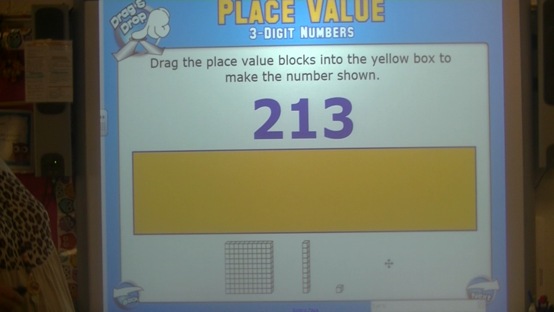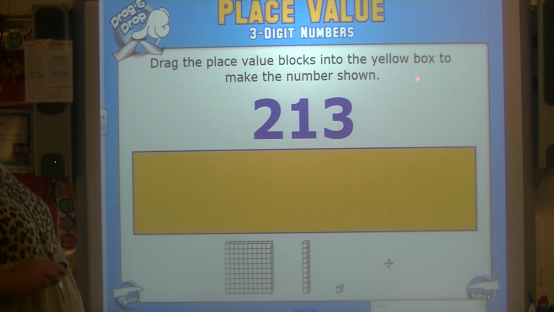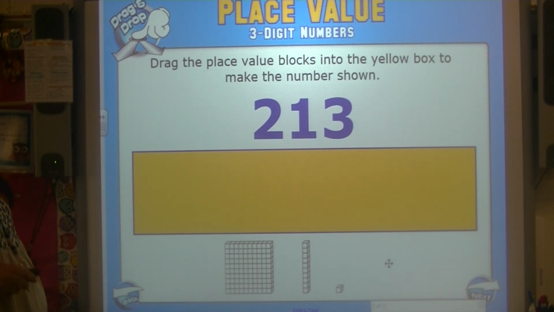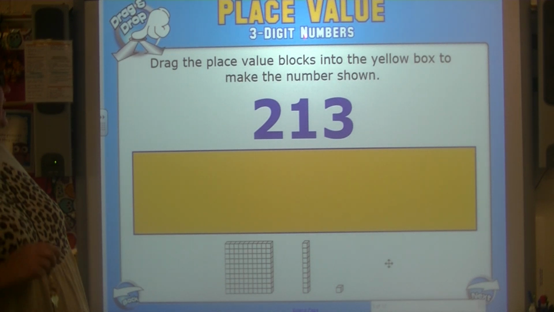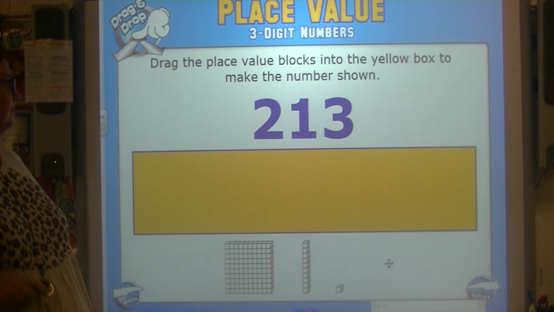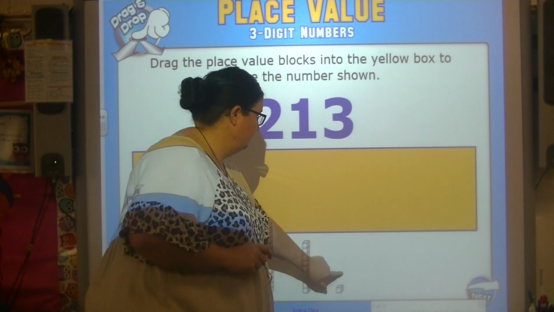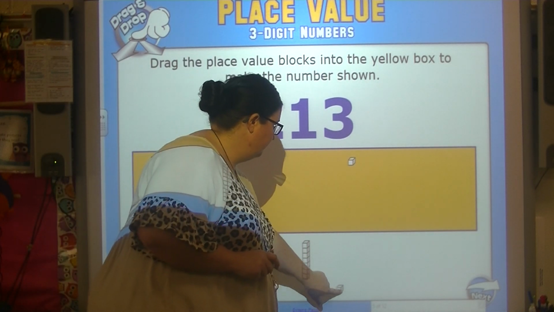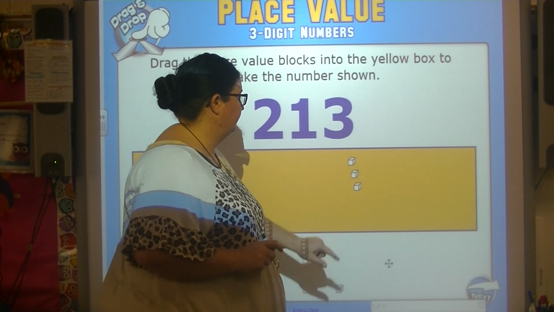All right, the next one. Drag the place value blocks into the yellow box to make the number shown. All right, in the number 213, how many ones blocks do I need? 3 ones. Help me count. 1, 2, 3.